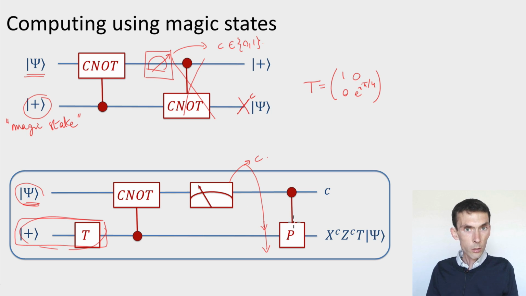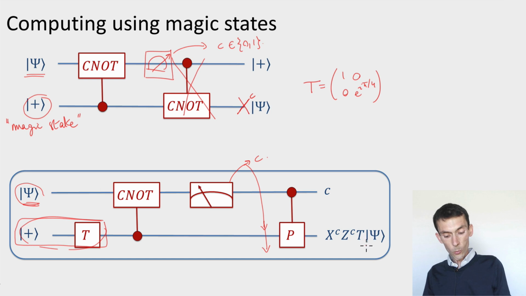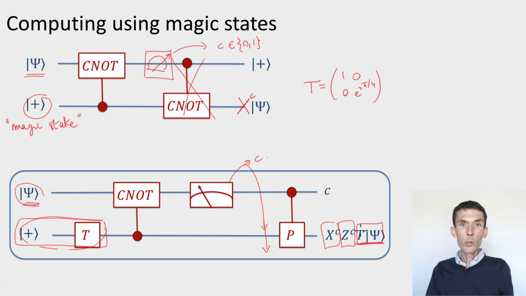So that's the whole let's-apply-a-T-gate operation, and if you calculate what this does to the state psi, the outcome on this wire is exactly what we wanted. It's the gate T applied to the state psi plus some corrections. So there's some Pauli correction, X^C and Z^C. And this is why we need the prover to report the outcome C to us.